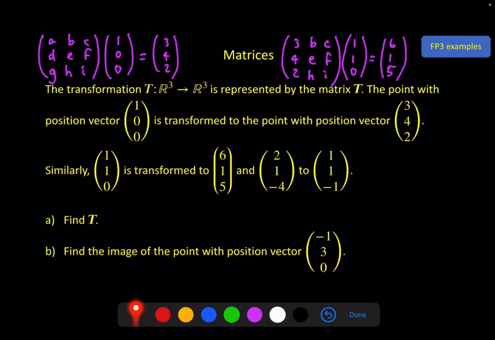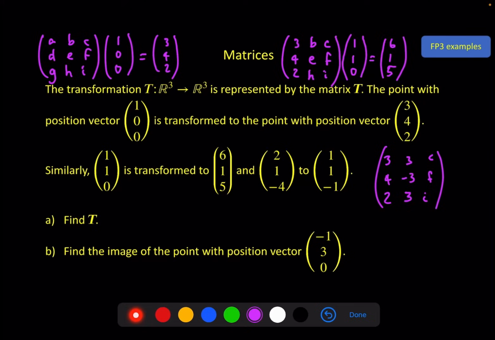So 3 plus B plus 0 is 6, so B must also be 3. 4 plus E plus 0 is 1, so E must be minus 3. And then the last one, 2 plus H must equal 5, so H is also 3.